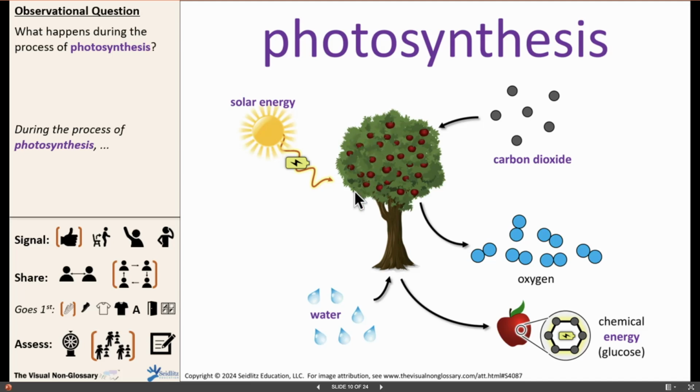For example, you might say, in Spanish, we learned the word energía solar. In English, we say solar energy. What do you notice about these two words? Moments like that help students make connections and reinforce their understanding in both languages.